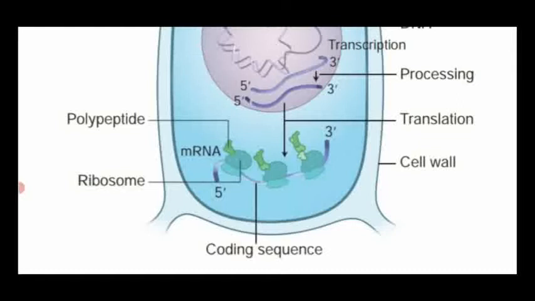In this ribosomal region only, the other step of protein synthesis takes place, that is translation. So the translation takes place by producing the coding sequence. That means the nitrogenous bases are arranged in a different manner, forming the sequence known as the coding sequence.